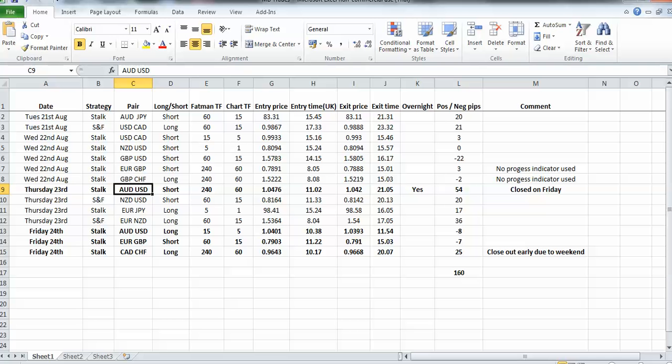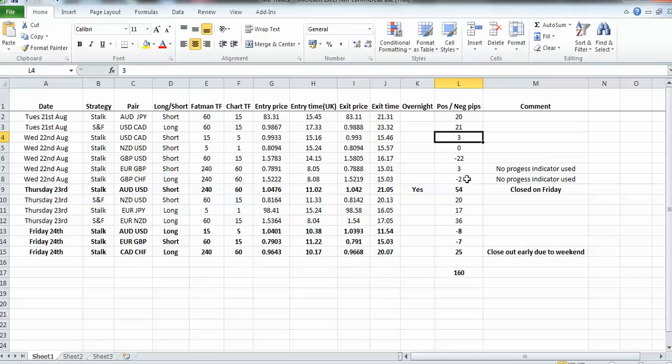So if we just have a quick look at how we're doing so far, we're up 160 pips since I started, with 1, 2, 3, 4, 5, 6, 7 significant wins. I don't count a 3 pip win here as in the stats, because 3 pips and below I don't really count in numbers.